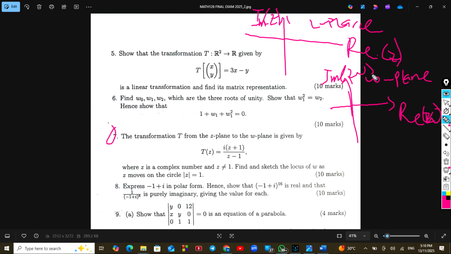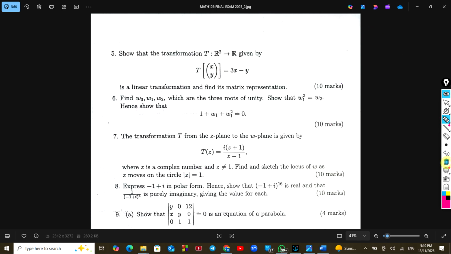Maybe it is something here, let's say a rectangle or a square, but after applying this transformation, it becomes, let's say, a circle here. So that is just what the transformation is all about.